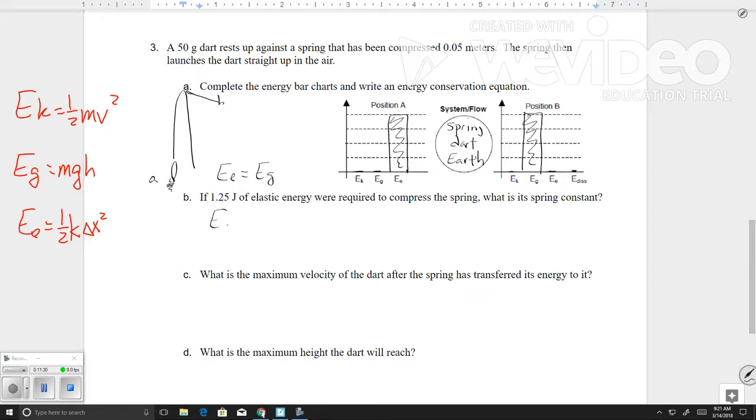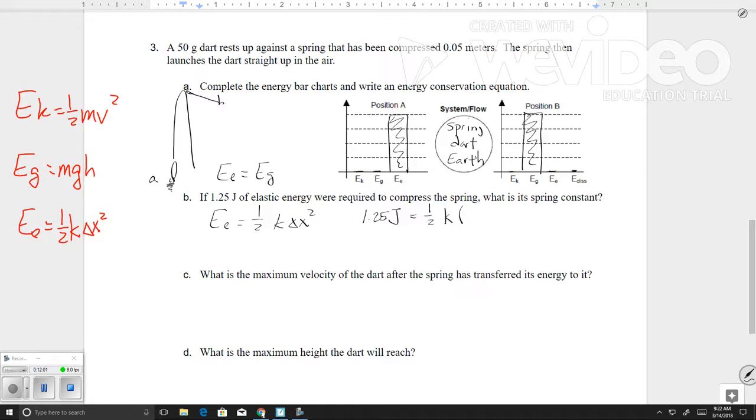So our formula starts out to be this, 1/2 k delta x squared. Now we want k. So the formula goes in to be 1.25 joules. Most of you like to put the numbers in, I've noticed, rather than solve the equation first, so we'll do that. Equals 1/2 times k times delta x.